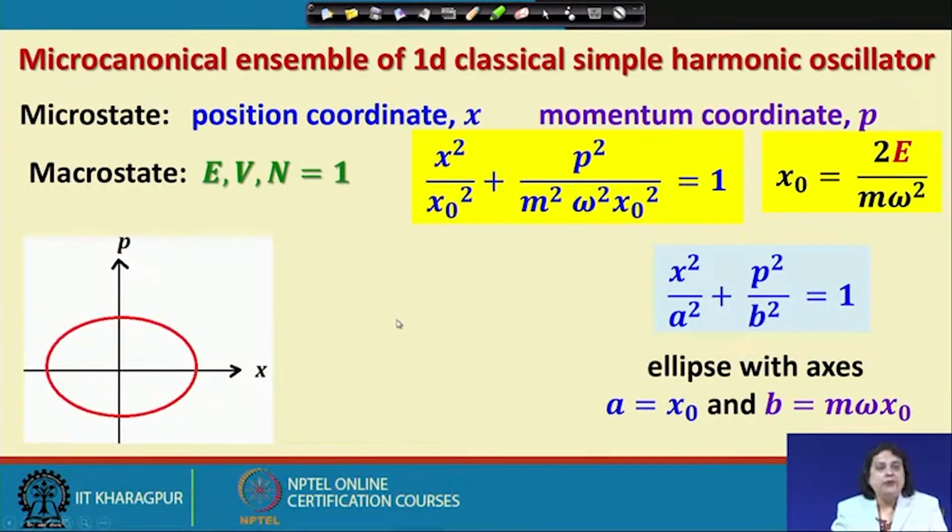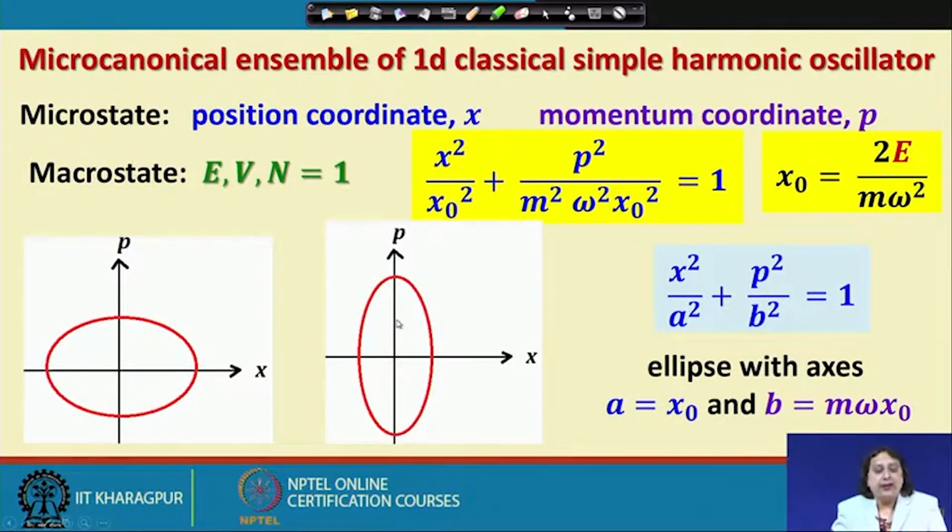So, depending on what these values of a and b are, I am going to have an ellipse like this, and an ellipse like this, representing this condition that has been highlighted over here. Now, what does this tell me?